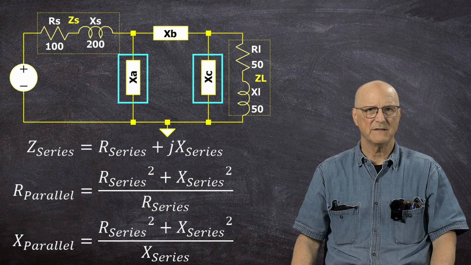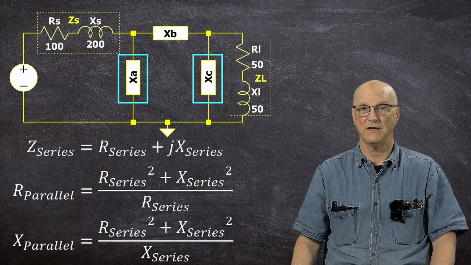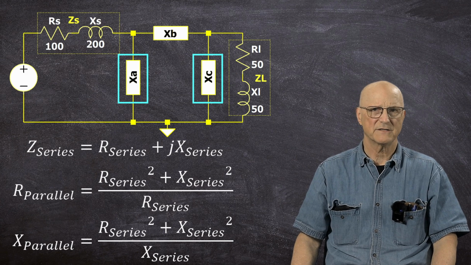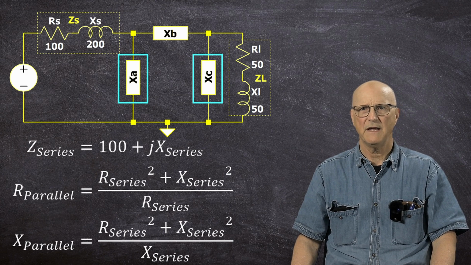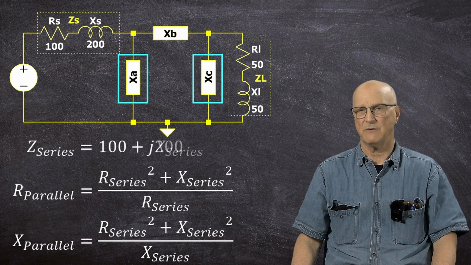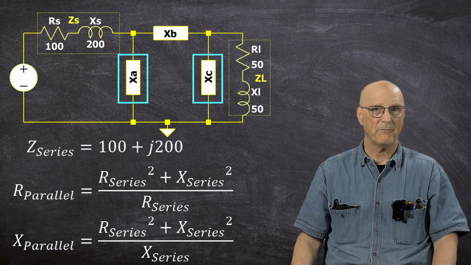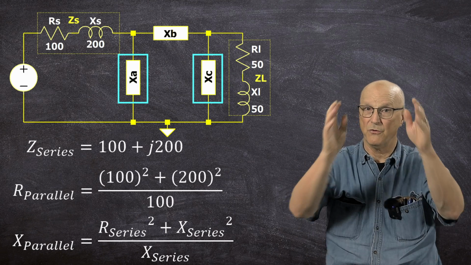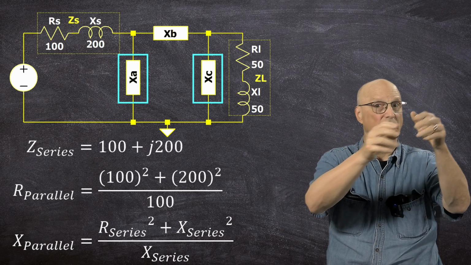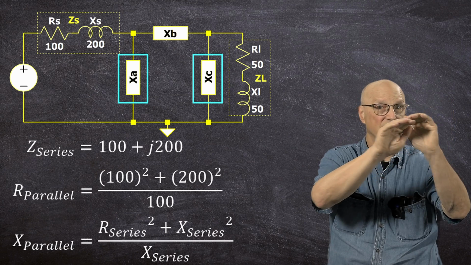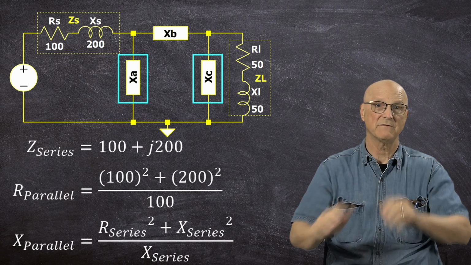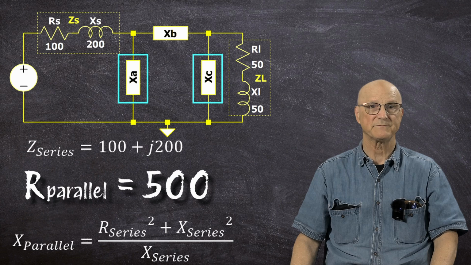Our source impedance is 100 plus J200, so R series is equal to 100 and X series is equal to 200. That gives us an equivalent parallel resistance equal to 100 squared plus 200 squared divided by 100, which gives us 500.